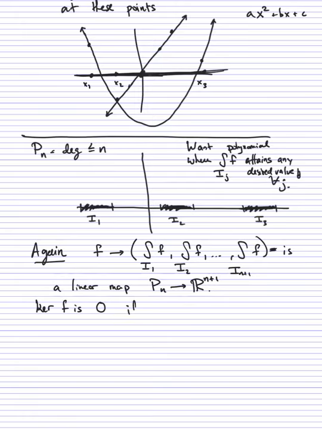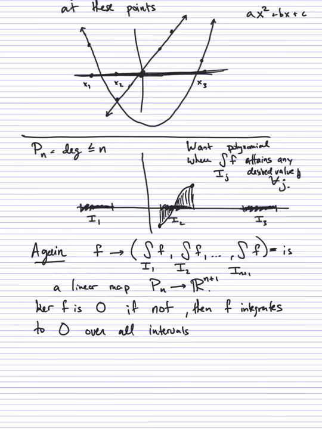Well, if not, then f integrates to 0 over all intervals. Okay? What this means is that the area under the curve is 0. So in particular, you have to have a negative region and a positive region.